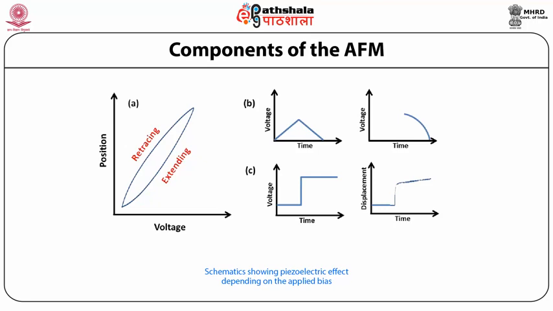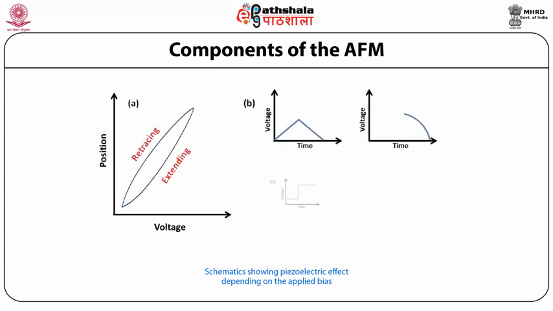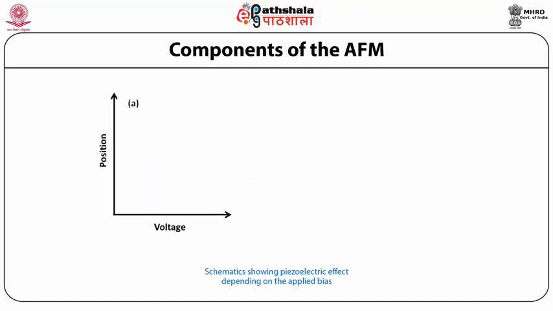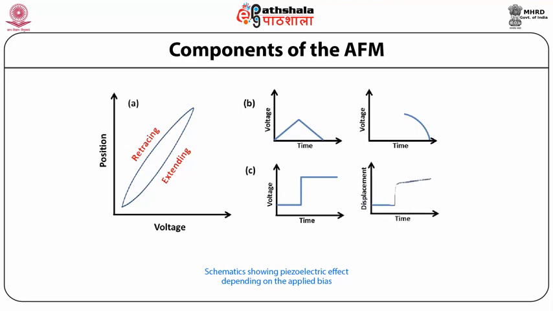This response is conveniently recorded in terms of sensitivity, which is the ratio of piezo movement to piezo voltage, that is, how far the piezo expands or contracts with the applied voltage. Sensitivity is not a linear relationship with respect to scan size. Piezo materials have inherent nonlinearities and show hysteresis.